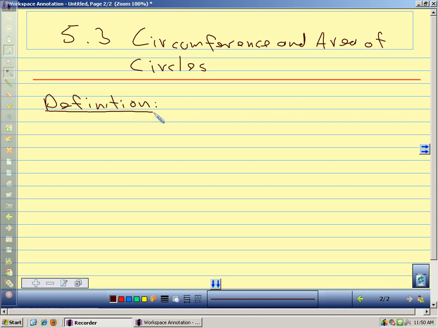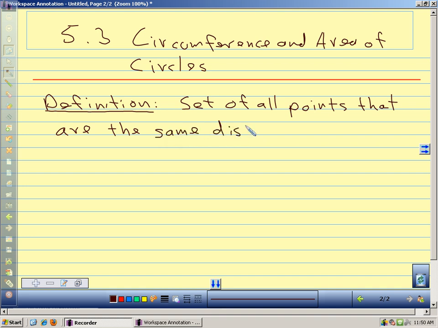So we define a circle by saying that it is the set of all points that are the same distance from a center. And the distance that we're talking about is the radius of the circle.